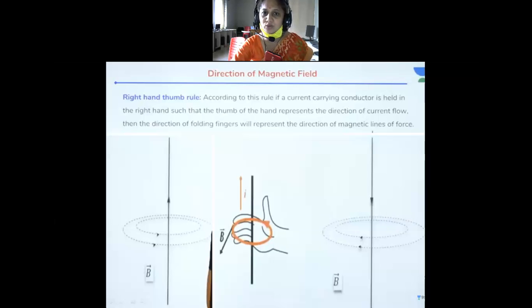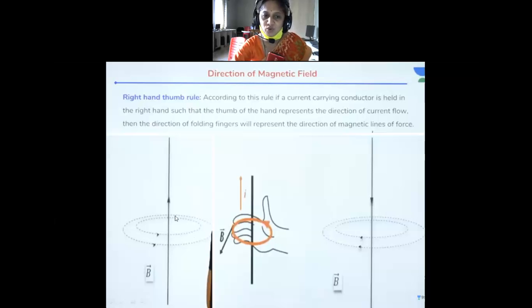So according to this rule, if a current carrying conductor is held in the right hand such that the thumb of the hand represents the direction of current flow, then the direction of the folding fingers will represent the direction of magnetic lines of force. So now you can see the current flowing in the upward direction, and you can see this arrow mark.